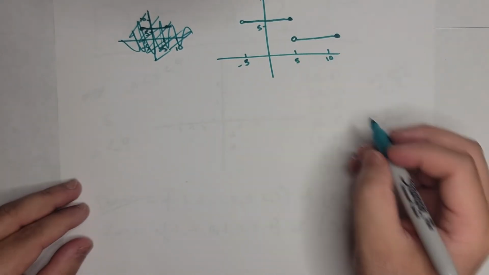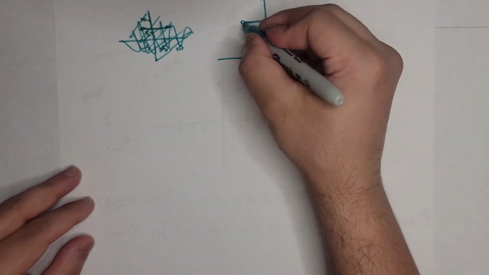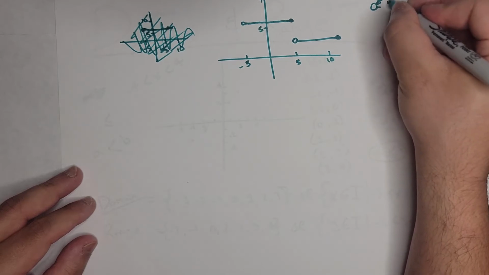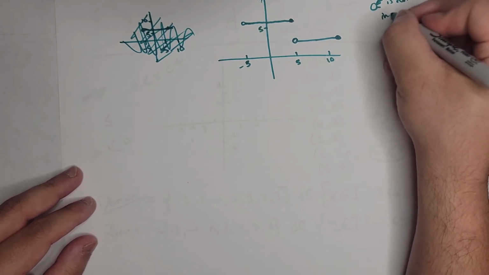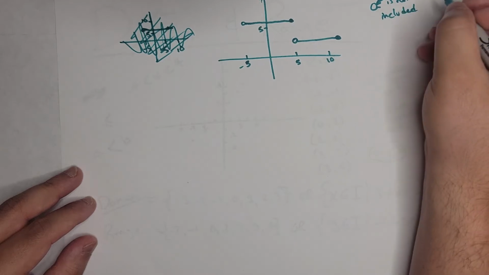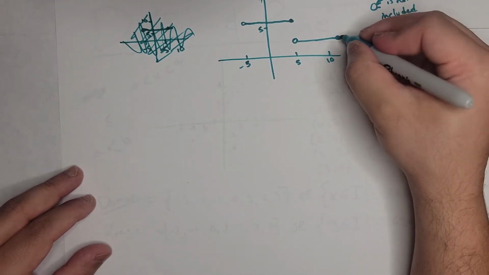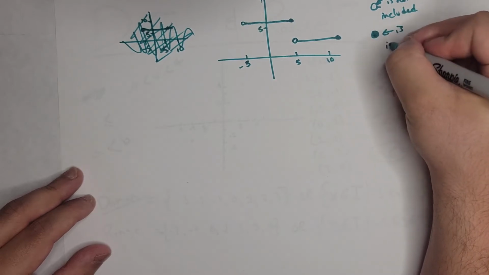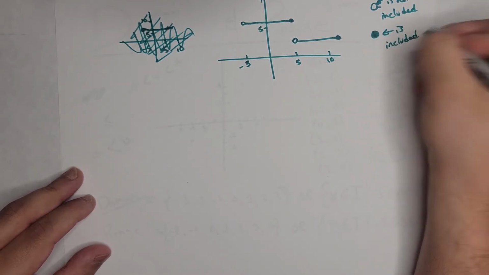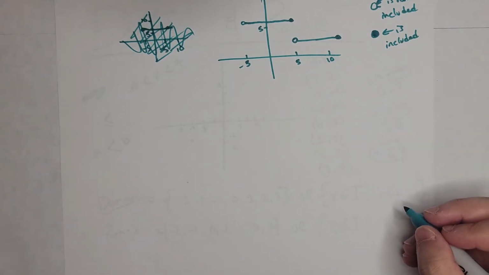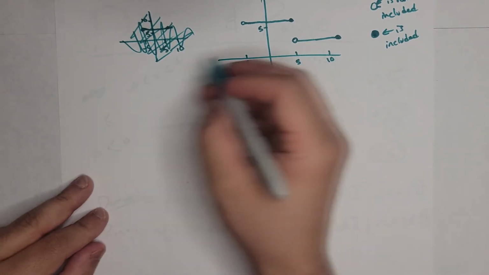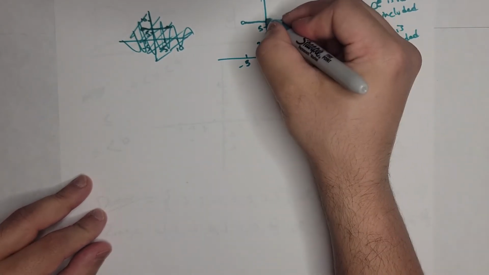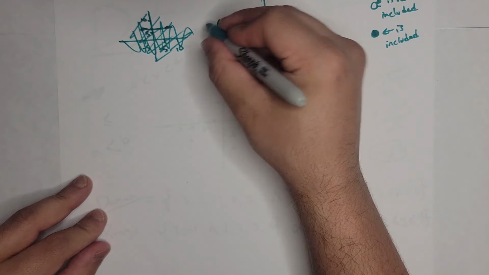One thing that I want to point out is that when you have an open point like this, it means this point is not included, but a closed point is. Let's say this line happens at 2 and this line happens at 6 on the x.